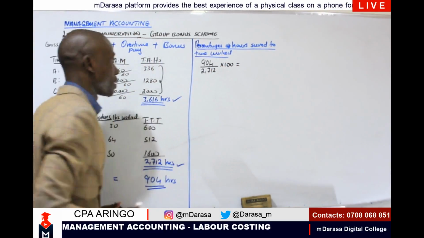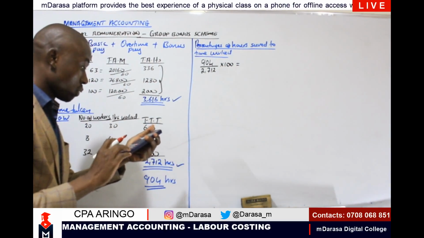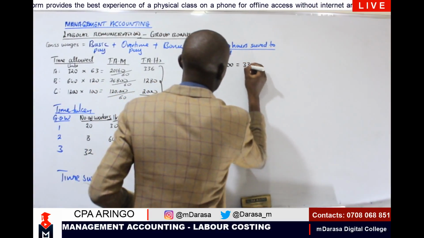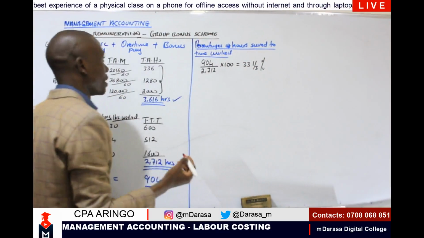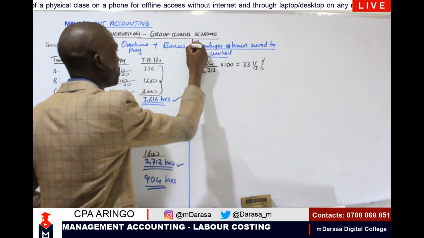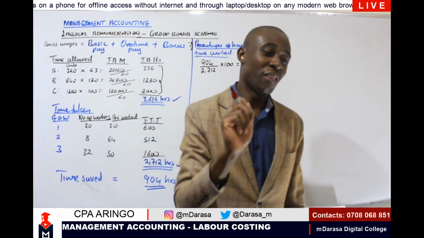That should give us what percentage? I should be having 904 divided by 2712. So I should be having 33.33%. That is the percentage of hours saved to time worked, and that is what the examiner wanted us to determine on the first question.